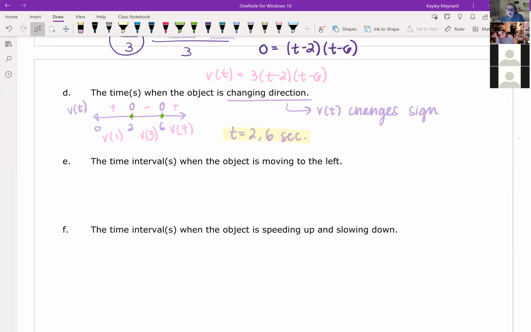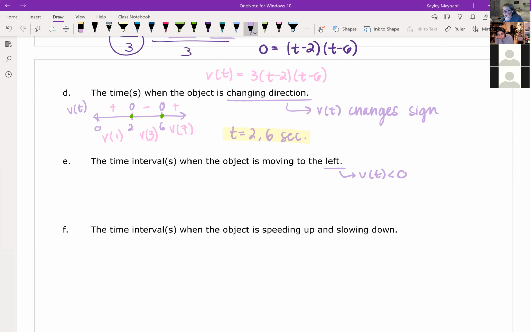Okay, part E is not too bad because E just wants to know the time intervals when the object is moving to the left. So if it's moving to the left, that means that v of t would be negative. So the left means that v of t is less than 0, where if it's moving to the right, it means that it's greater than 0.